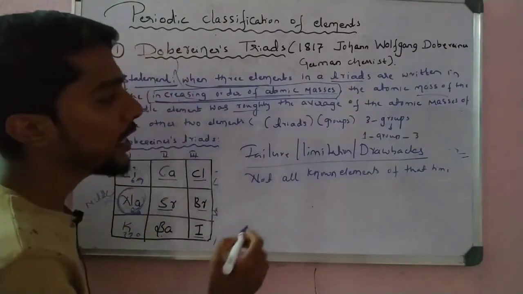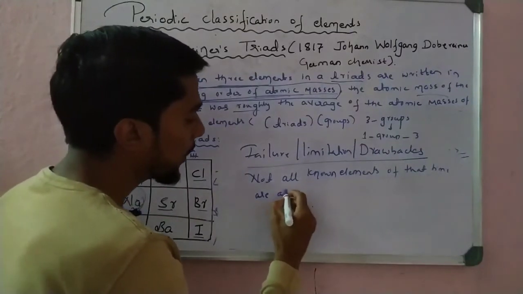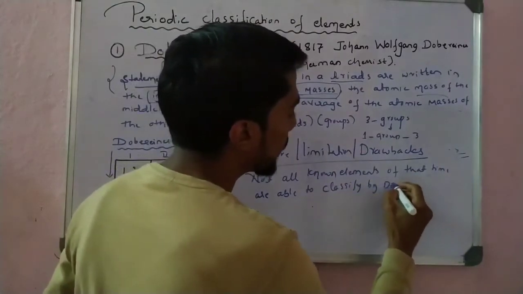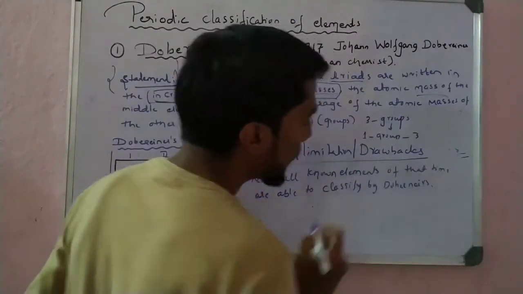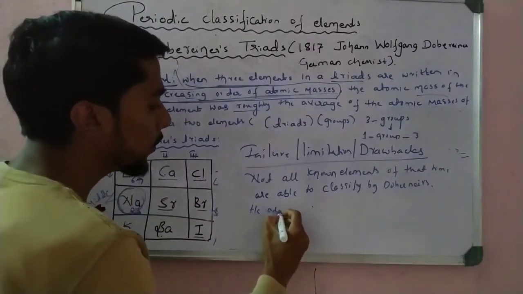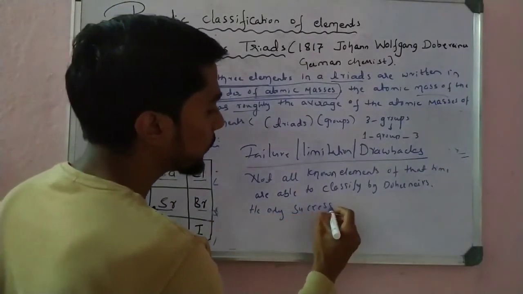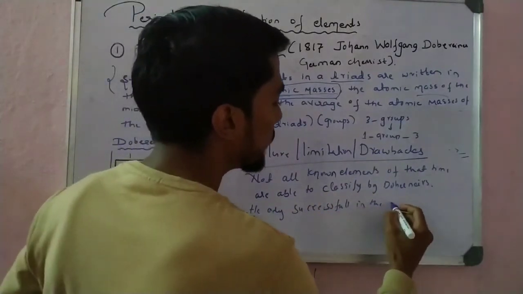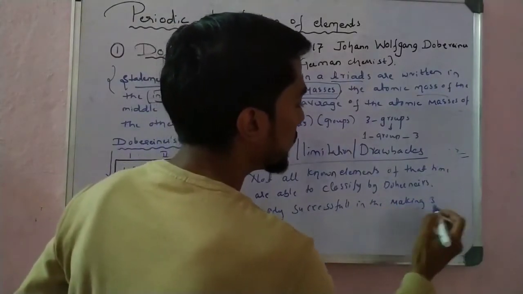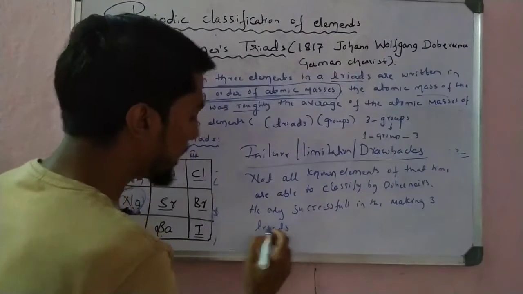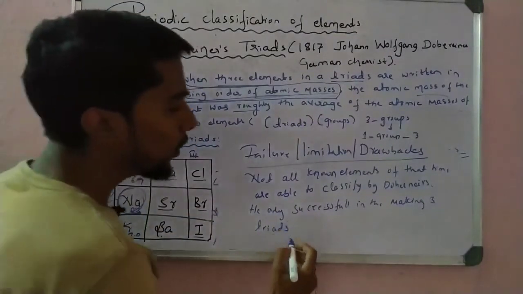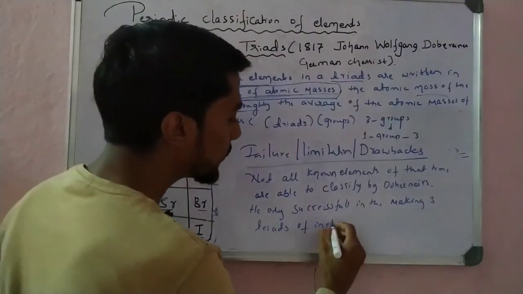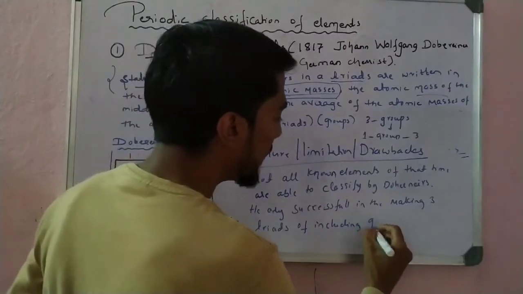Not all known elements of that time were able to be classified by Dobereiner. He was only successful in making 3 triads: one triad, two triads, and three triads, including 9 elements.